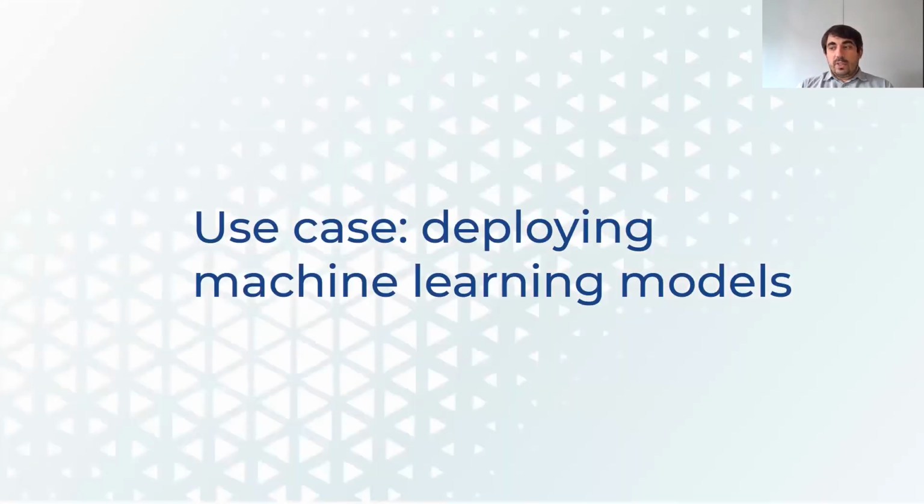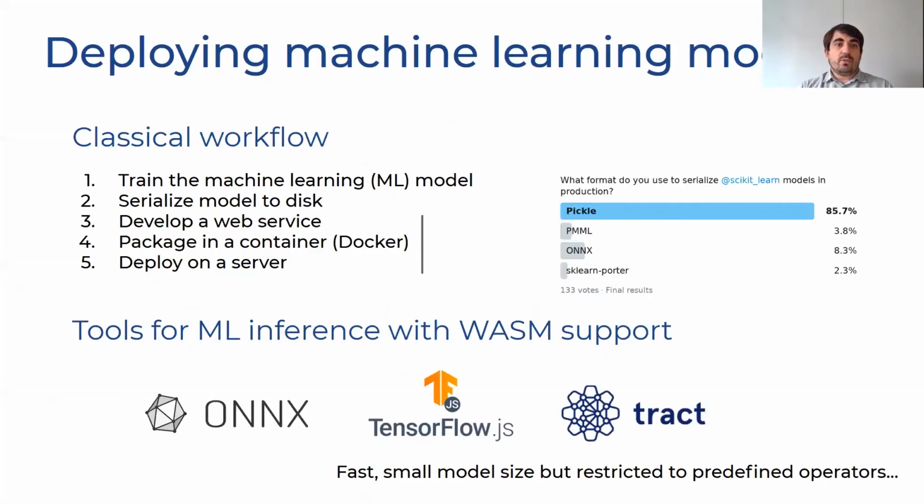So let's now look at the use case of deploying machine learning models in general. In general, the classical workflow is as follows. We train some model on a machine, then we serialize it to disk. Then, depending on the framework, for instance for scikit-learn, you would probably use Pickle or ONNX. For TensorFlow, you would use the dedicated format.